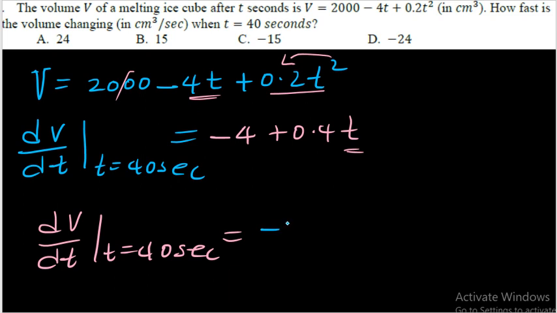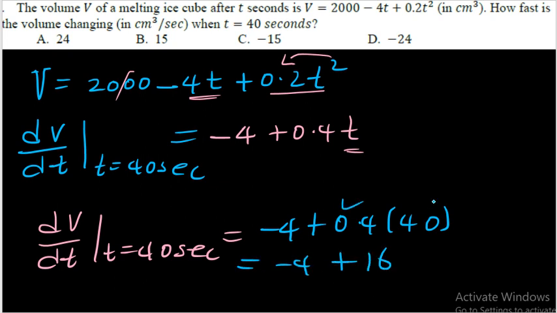So I will have negative 40 plus 0.4 times 40, that's going to be negative 40 plus just 16, so the answer is going to be negative 24. Unfortunately we cannot get the answer here, but it's okay, this is the answer. The dV by dt will be in centimeter cube per second.